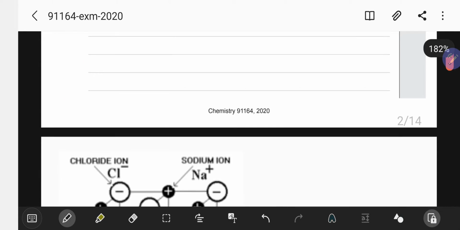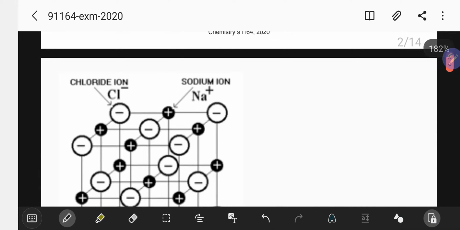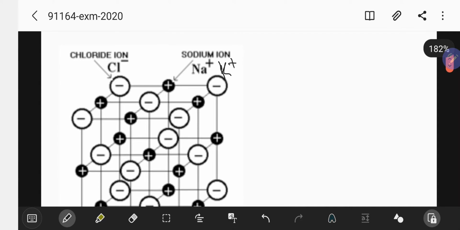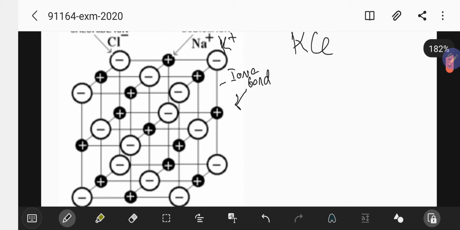Now looking at our ionic substance, this is in our case going to be K plus, not Na, and then Cl minus. Our KCl is held in this kind of 3D ionic lattice. It's these positive and negative ions ionically bonded, so these are the ionic bonds, and they're held together in a 3D lattice shape, and these are fixed in place.